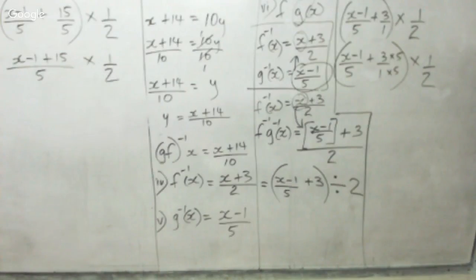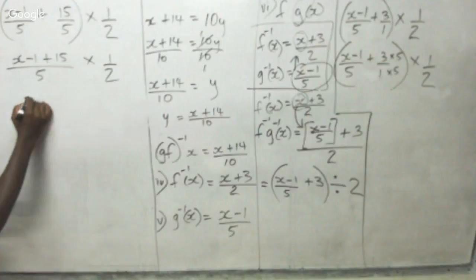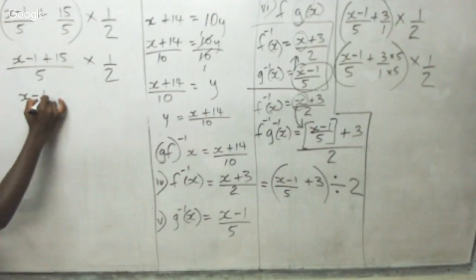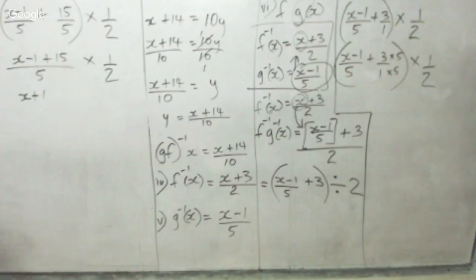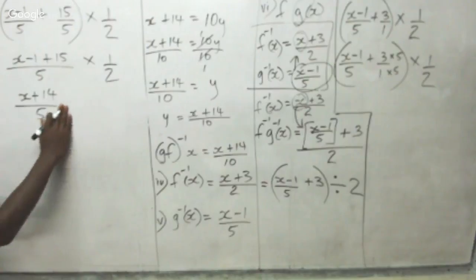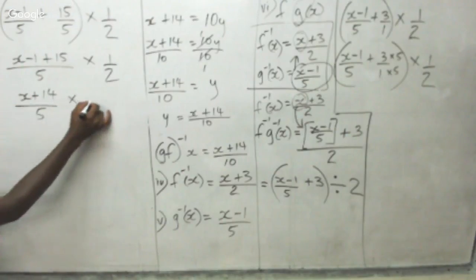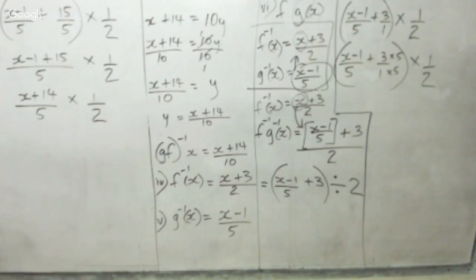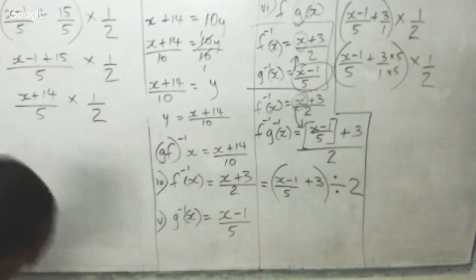Negative 1 plus 15 is what? Positive 14. So 14 out of 5 times a half. That becomes better now.